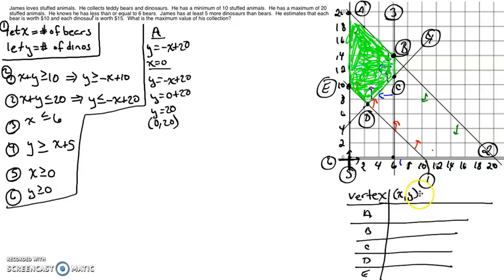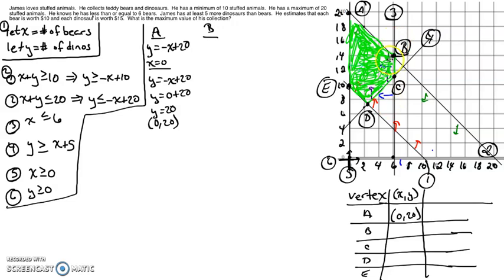Making this table is a really handy way of just keeping track of what's going on. So A is 0, 20. And I'm going to leave one column over here that we haven't filled in yet, but we will. So A is done.